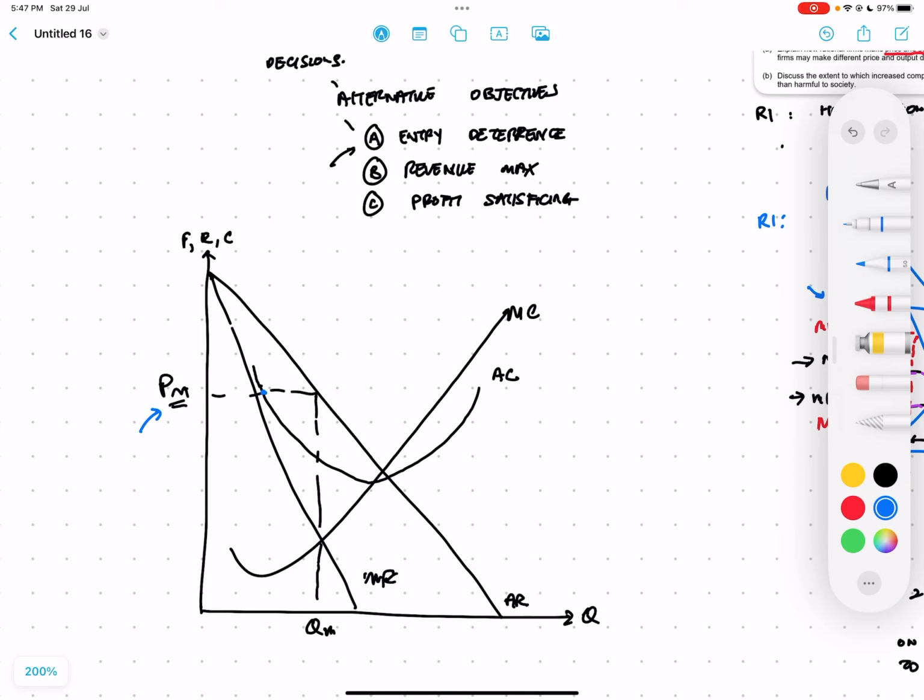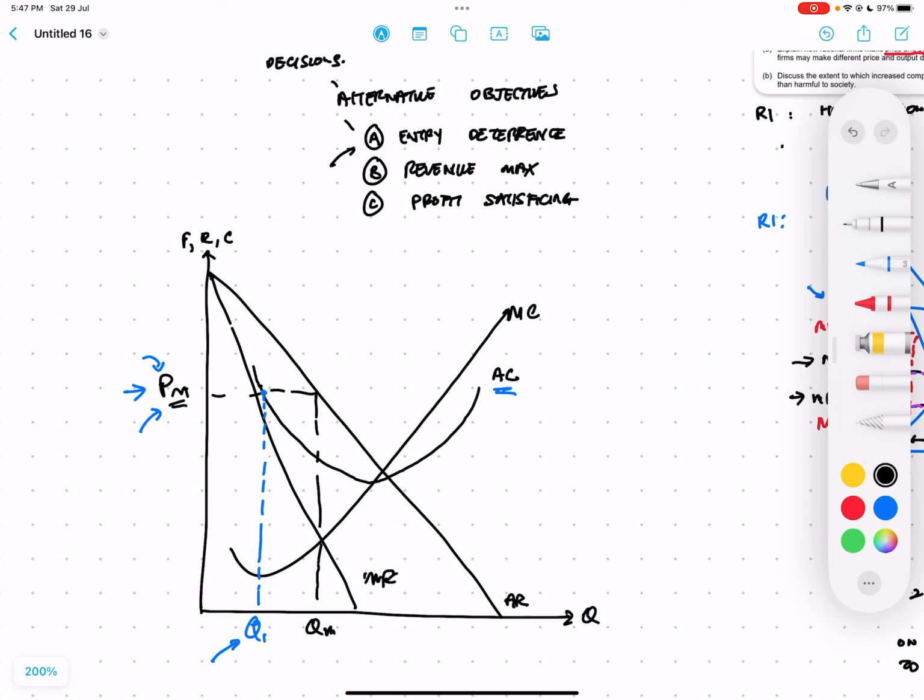And so if you follow the AC curve, the minimum scale of production you need to produce at in order to incur an AC equal to PM is here at Q1, right? So any firm that wants to enter and compete with you just needs to fight with the price of PM. And because PM is so high, the firm can enter at a very, very small scale of production and yet still make normal profits, right?